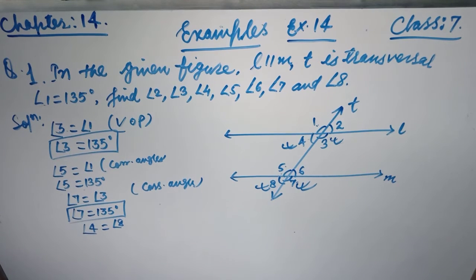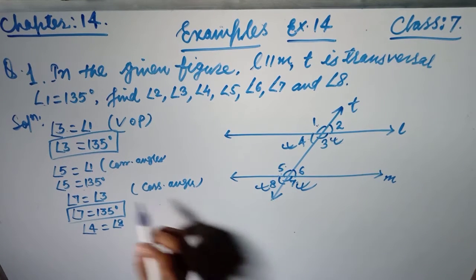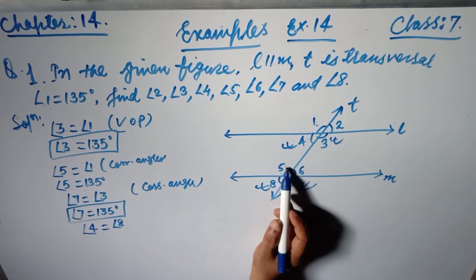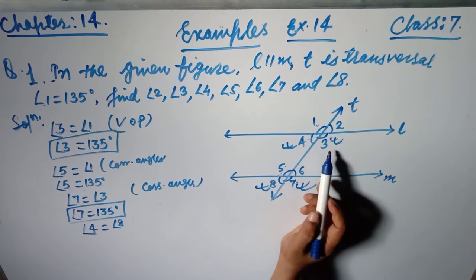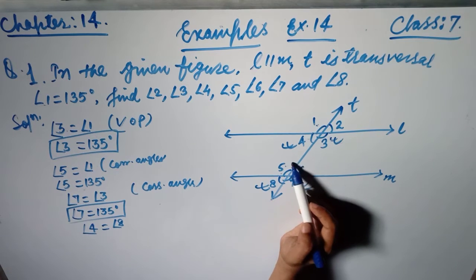Now see friends, there are so many ways to find out. Okay, angle 5 is equal to 135, and angle 3 is corresponding, alternate interior angles, and angle 3 is 135.